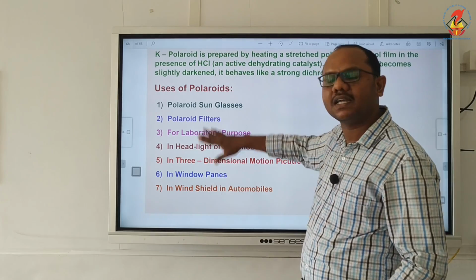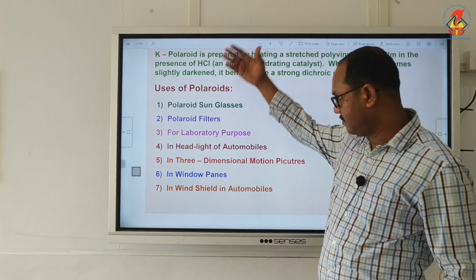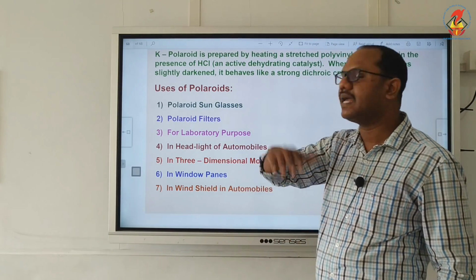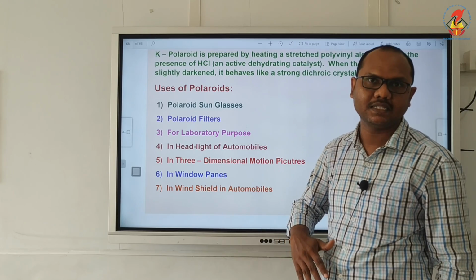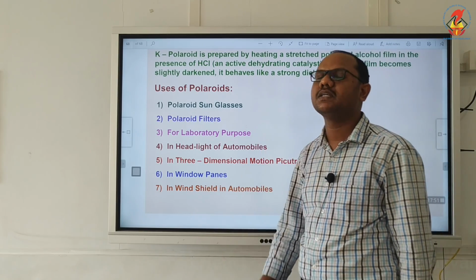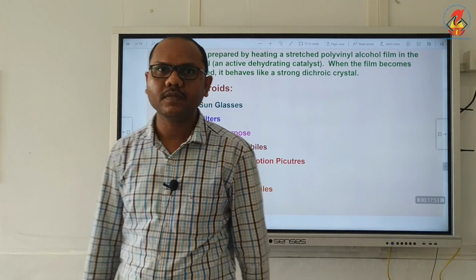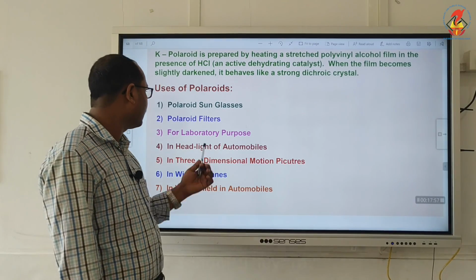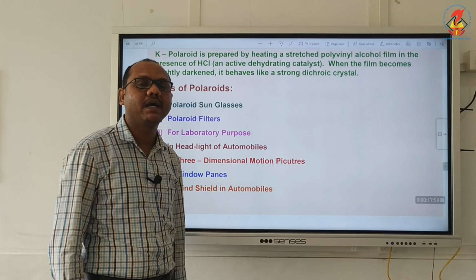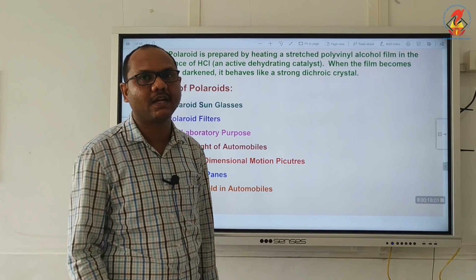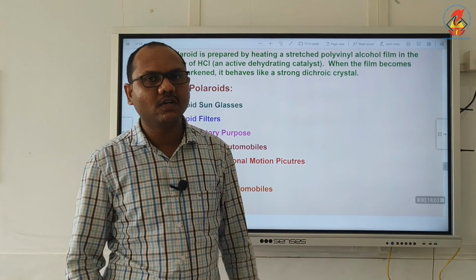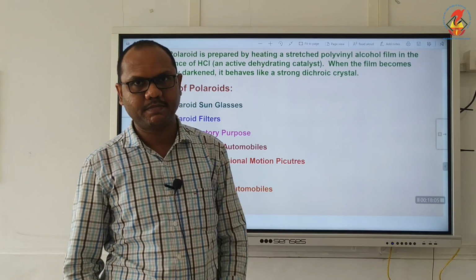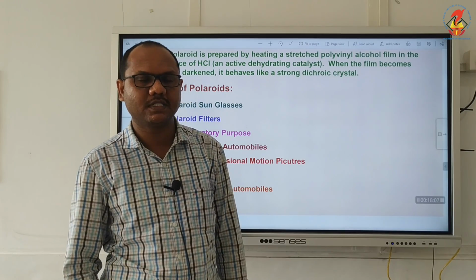There is a Polaroid sheet here, so the light coming out is polarized light. Therefore, there is no glare, so it is comfortable to the eye. Then we can use that in automobiles to reduce the glare of the light. So all those are the practical applications of Polaroids.